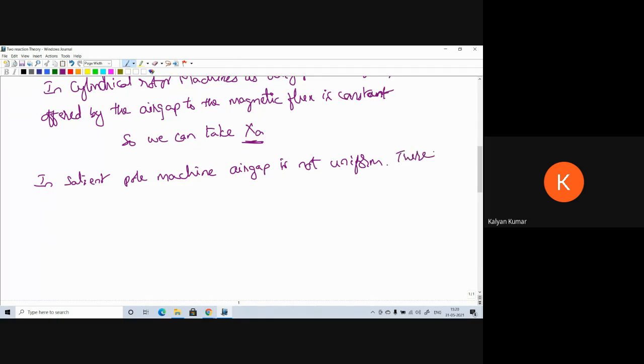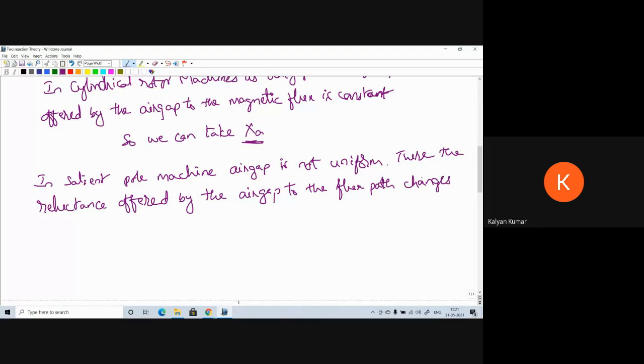Therefore, the reluctance offered by the air gap to the flux path is going to change, or it changes with rotor position.